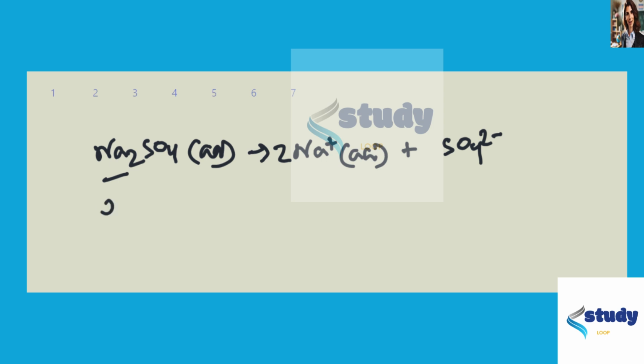The final concentration of Na2SO4 is 0.0638, which we just calculated, so the final concentration of sodium ion will be 2 times this concentration. That means 2 times 0.0638 molar, which will give us 0.128 molar.